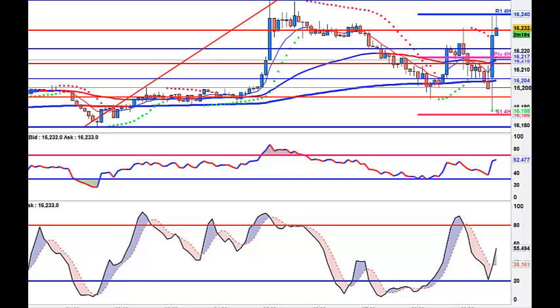Give it a little bit more time, otherwise I'll just take this off. It's important not to be too greedy. Let's just see if we get any kind of little push here, or is this it?